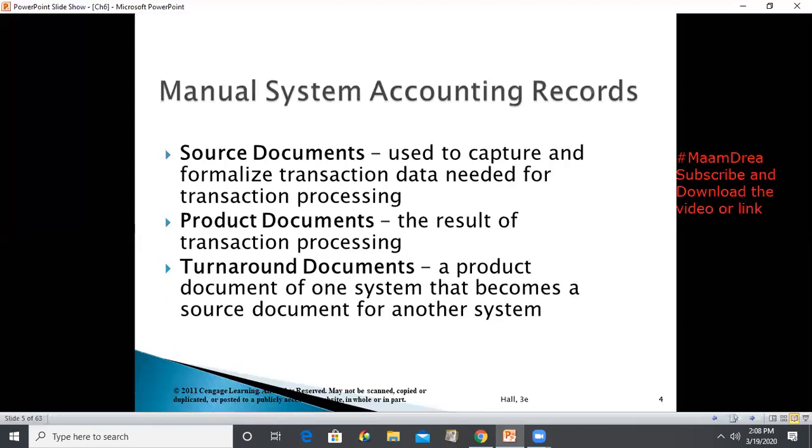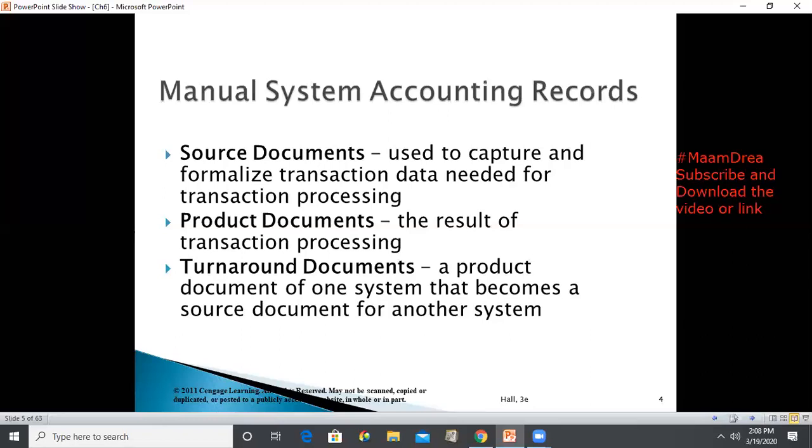So, for example, we have an economic event like a sale, which causes my assistant or the sales clerk to prepare a sales order. This is the form or document that proves that a sale really occurred, a physical evidence.